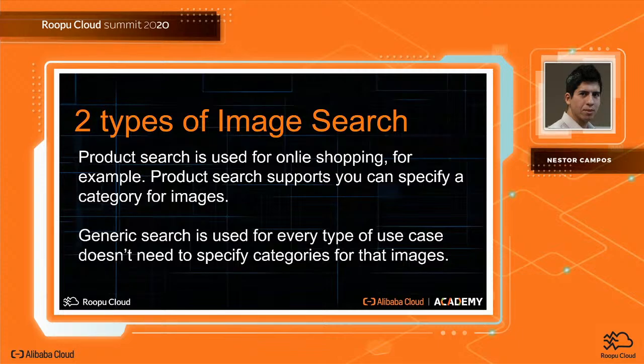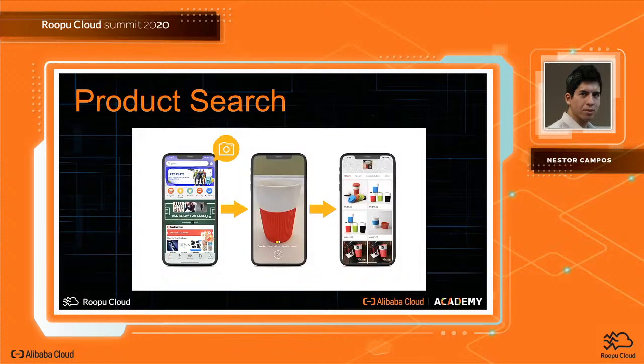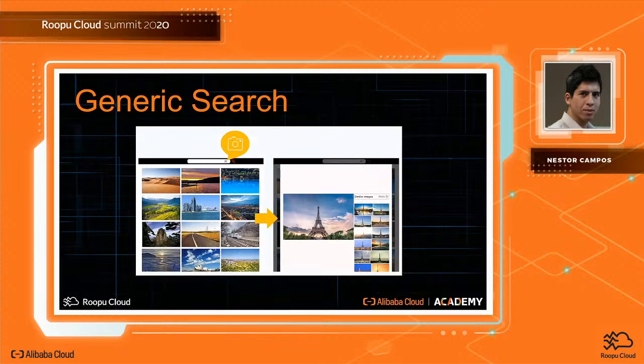And generic search is used for every type of use case, and doesn't need to specify categories for that image. If you don't understand these two types, no problem. Here, for example, product search is similar to the example of the AliExpress mobile app. Here, you can have a web app or mobile app where you can upload an image and it returns similar images.